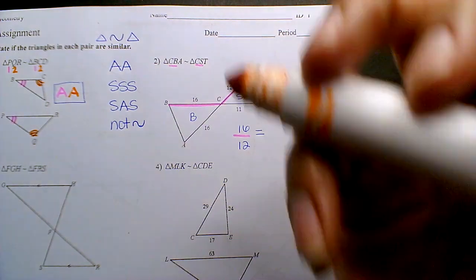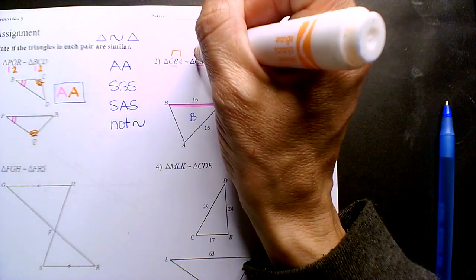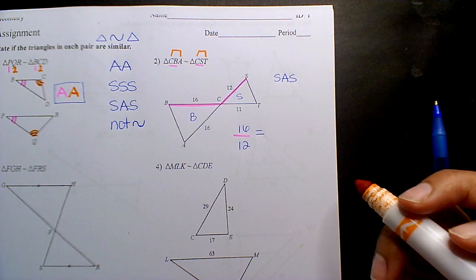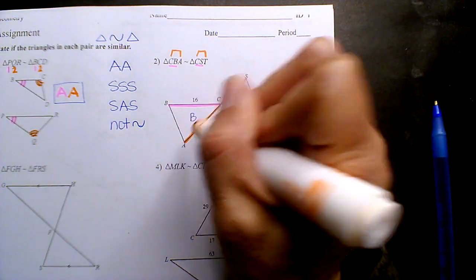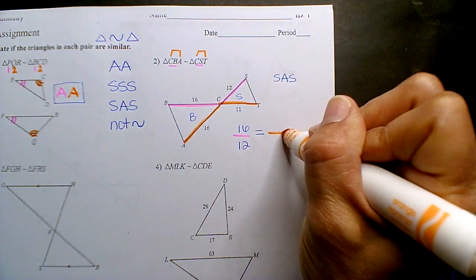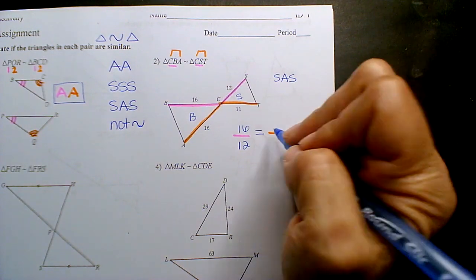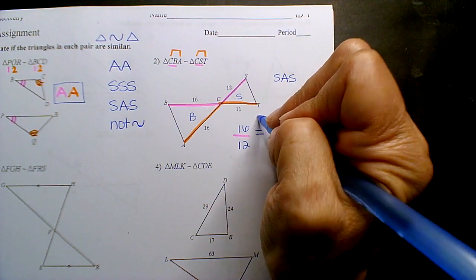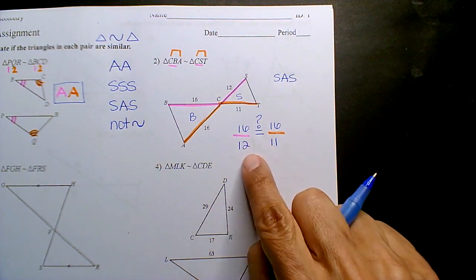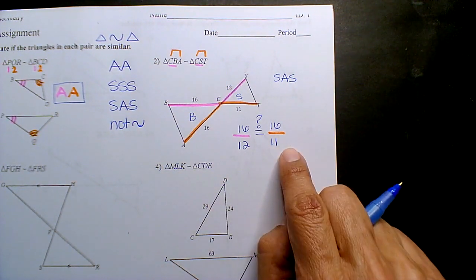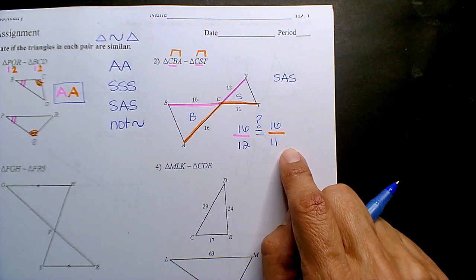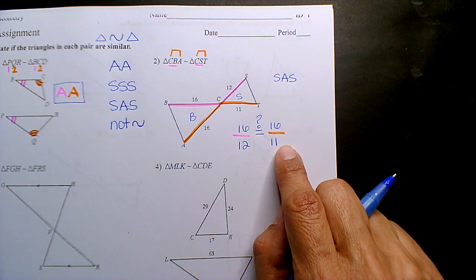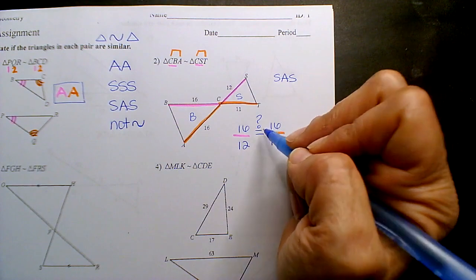The other side is AC and CT, the first and the third, so AC, TC, and I get 16 over 11 going big over small. If you can prove these 2 ratios are identical, it's a yes. If they're different, it's a no. And like you said, it isn't.